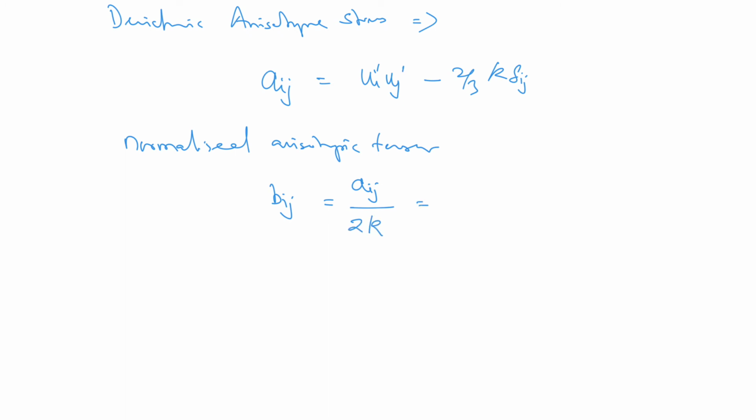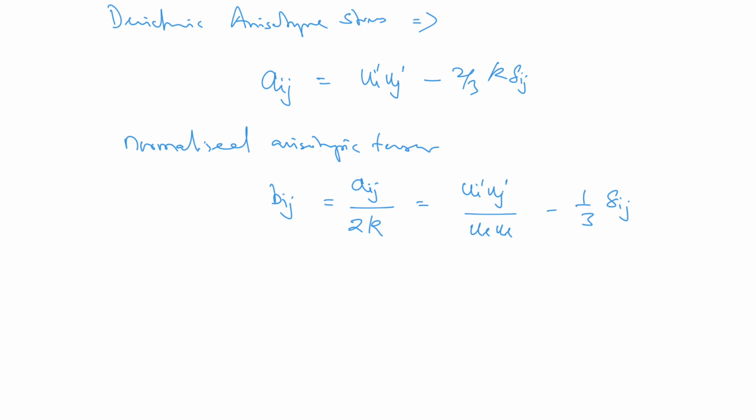So we can write the equation in the form of u_i u_j divided by u_l u_l minus 1/3 delta_ij. So we have taken the previous equation wherein the Reynolds stress minus that isotropic part, and we divide it by 2k and we arrive at this solution.